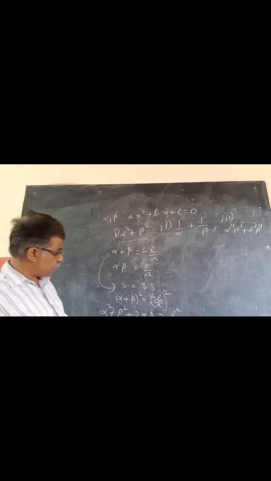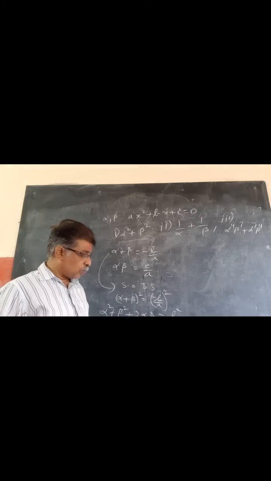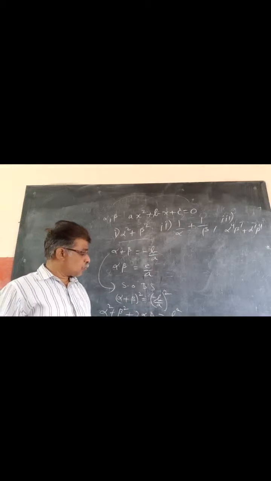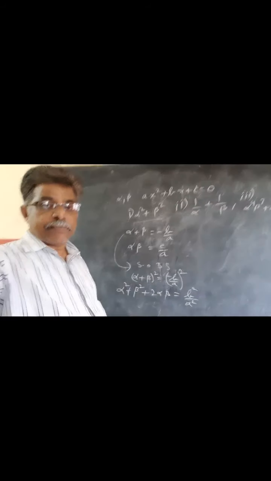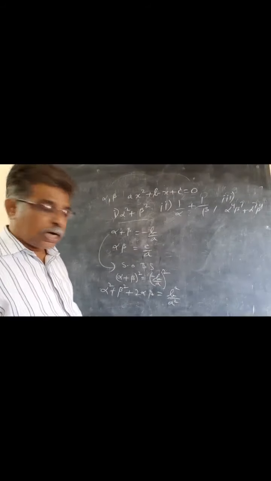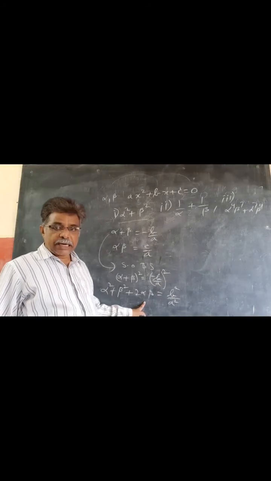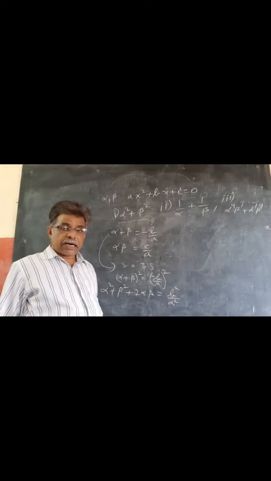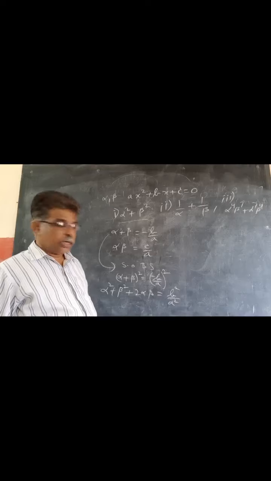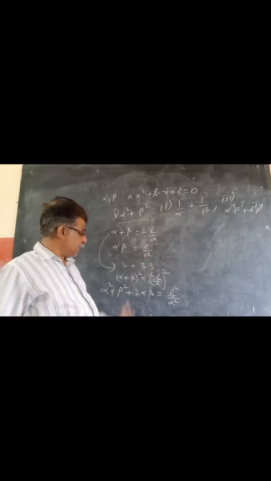Now alpha square plus beta square I need, but I have the 2 alpha beta value. If I substitute the 2 alpha beta value here, then automatically I will get the alpha square plus beta square value. Here the alpha beta value I know, c by a.